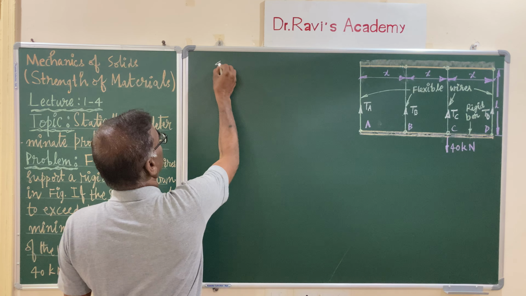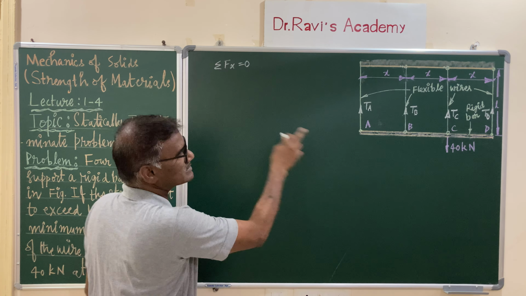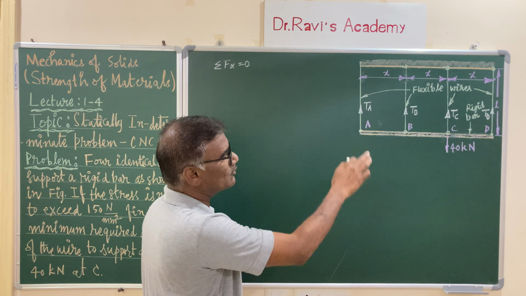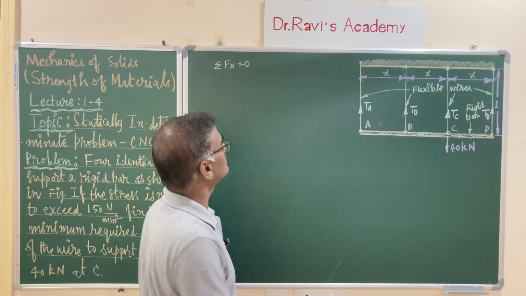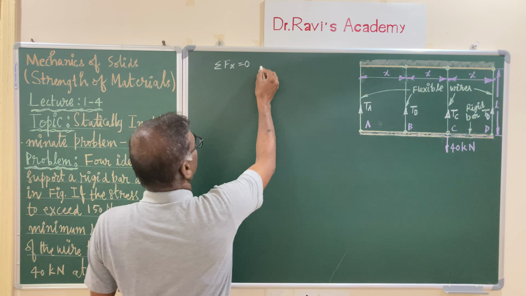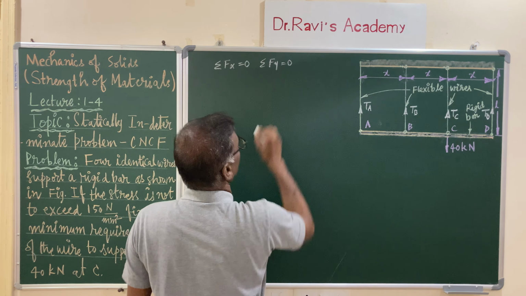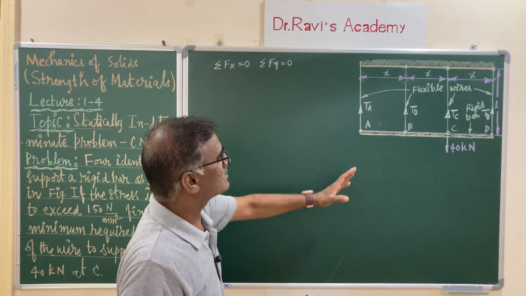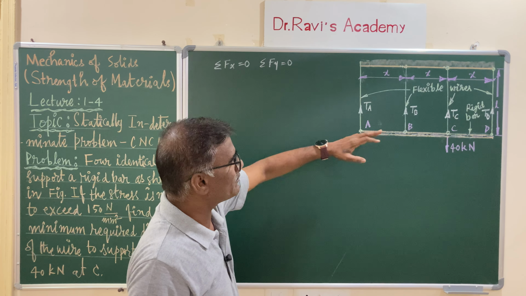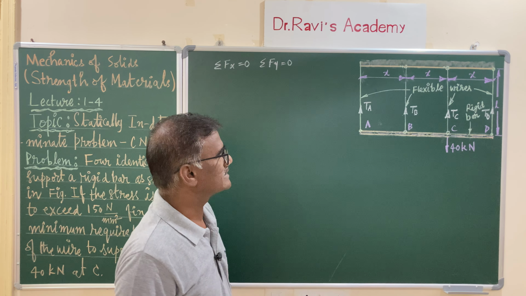Here you have sigma Fx equals 0, because in this particular problem no force is acting along the x direction, so this equation is of no use. Another equation is sigma Fy equals 0. Yes, you can apply this equation because the tensile forces are pointing upwards, positive, and 40 kilonewtons is acting downwards, negative.